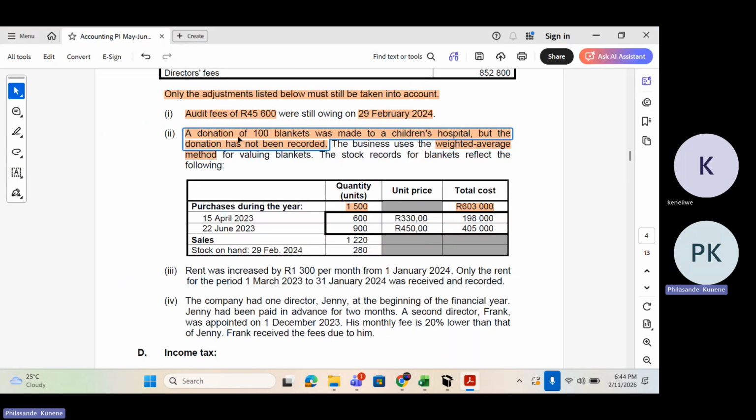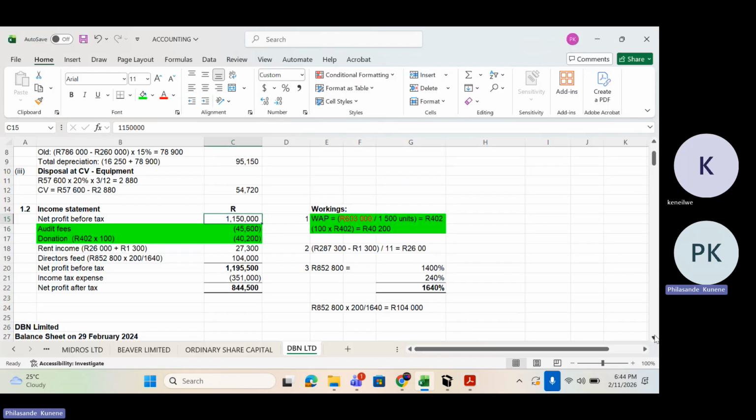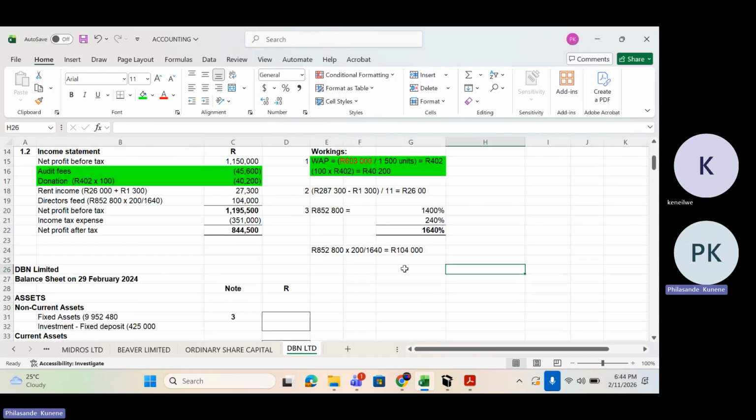Let's go back to the transaction again. They said a donation of 100 blankets was made to the Children's Hospital, but the donation has not been recorded, which means we did not record the expense, and we did not record the inventory part of it. The journal entry we needed to process was to debit donation expense, and credit inventory or trading stock.